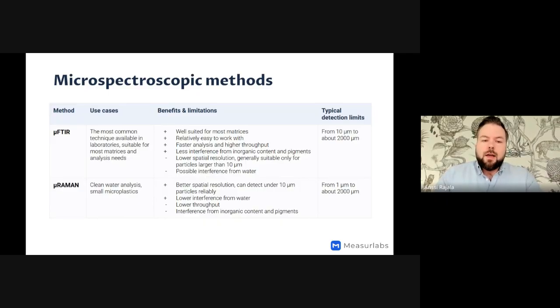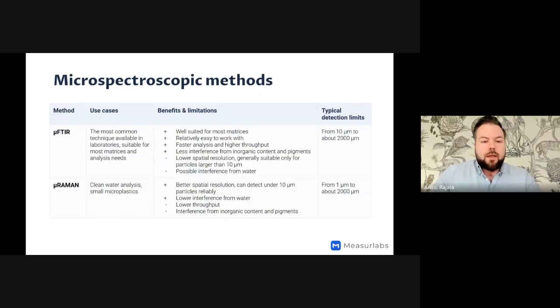However, it has the limitation of lower spatial resolution and is only suitable for larger particles. Usually the cutoff is 10 micrometers. And there's also possible interference from water, but from our experience, this is usually not a large problem because the filters can be dried.